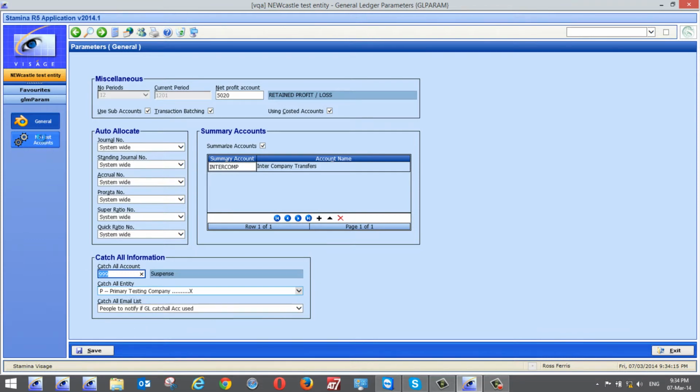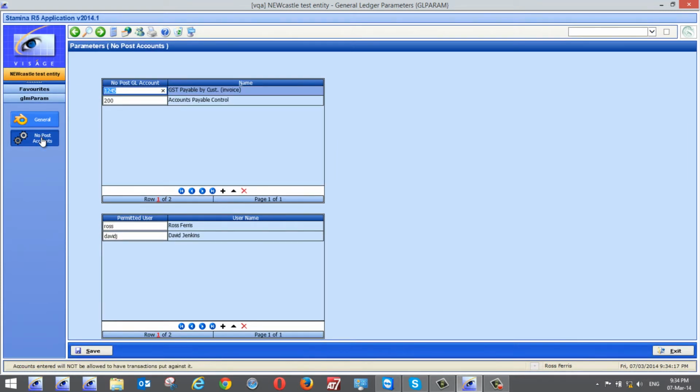The second screen that we have for our parameters in General Ledger is the no post area. Now, the no posting accounts, being this table at the top here, are accounts that you don't want people to accidentally post to. Things that spring to mind here would include control accounts for debtors, creditors, inventory, bank account, and so forth.